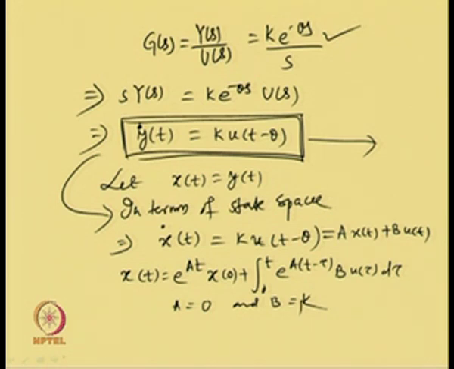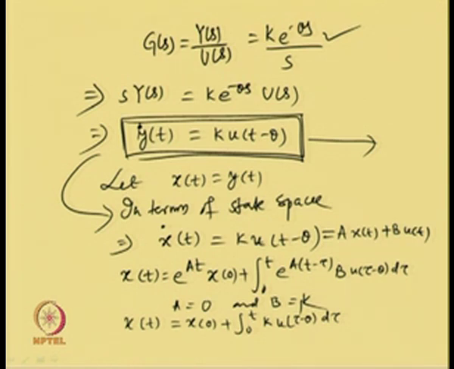So, in this case the state equation becomes x(t) = x(0) + ∫ from 0 to t of k u, sorry, in this case we have got delayed input. So, in this case it will be u(τ - θ) dτ.